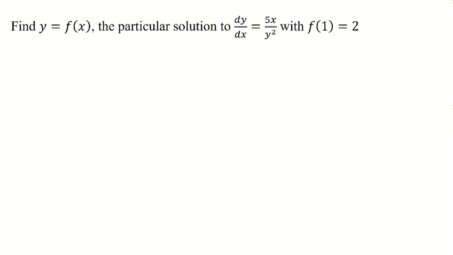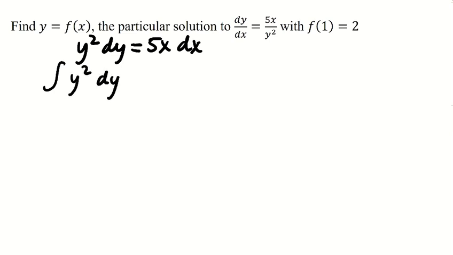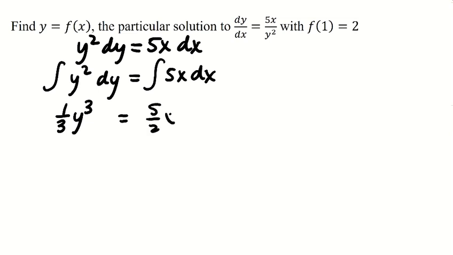So I'm going to have y squared dy equals 5x dx, multiplying both sides by dx. Okay, I'm going to take the antiderivative of both sides. It's 1/3 y to the third equals 5/2 of x squared plus c.